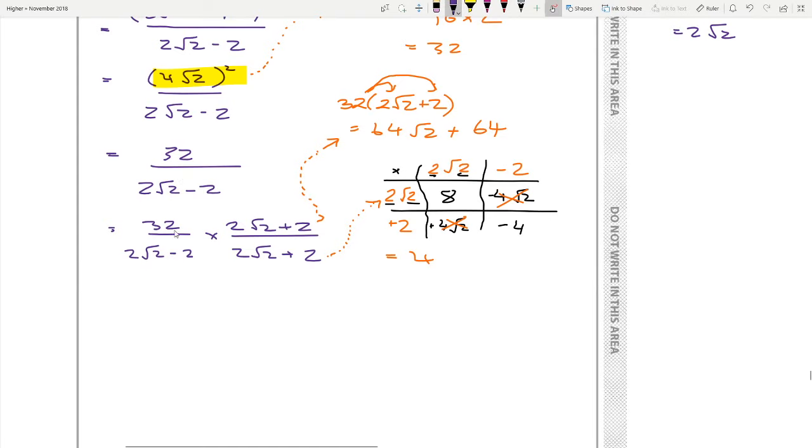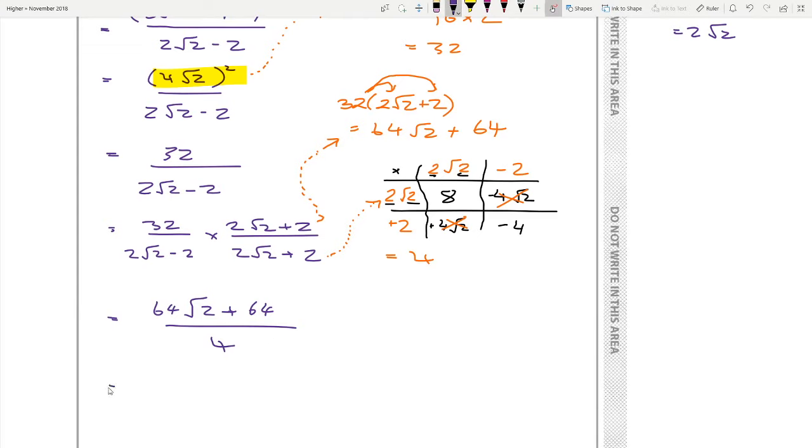So the numerator, when you multiply these two, is going to give us 64 root 2, add 64, all over 4. Because the denominator is just multiply it to give me 4.